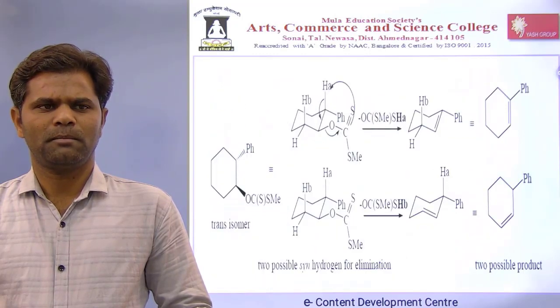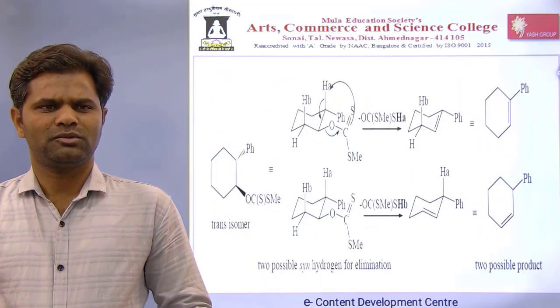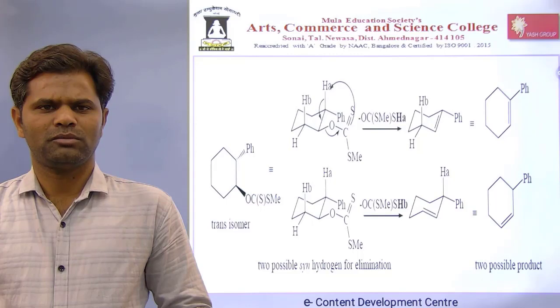Now look at this one. If you consider the trans isomer, when it undergoes the pyrolytic elimination, two products are possible. First one is the 1-phenyl cyclohexene, which is the conjugated one, and the second one is the 3-phenyl cyclohexene, which is the unconjugated one. Two products are possible.